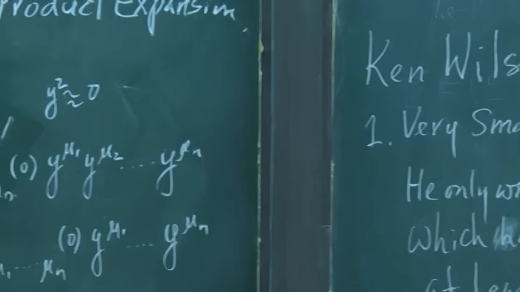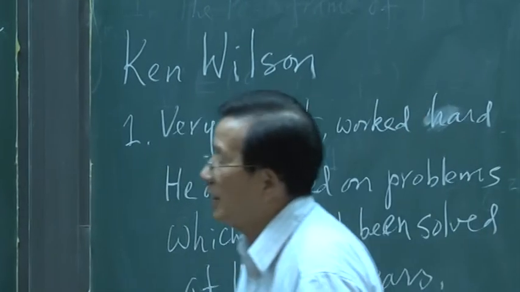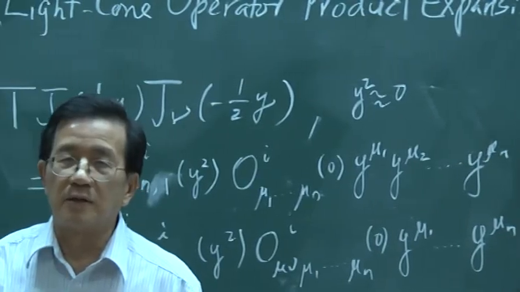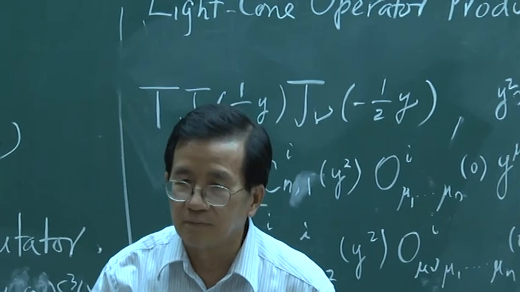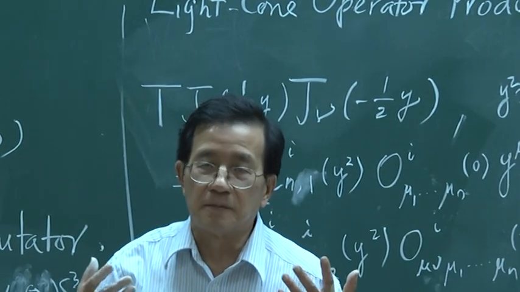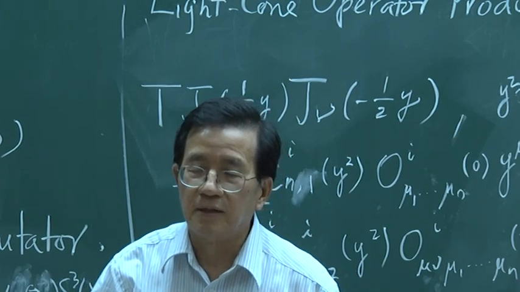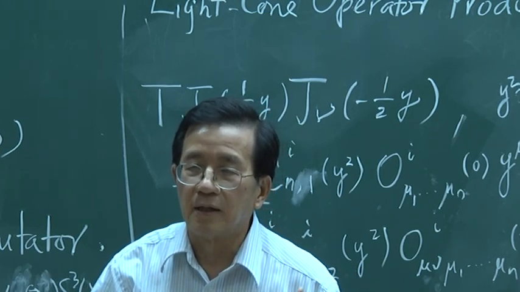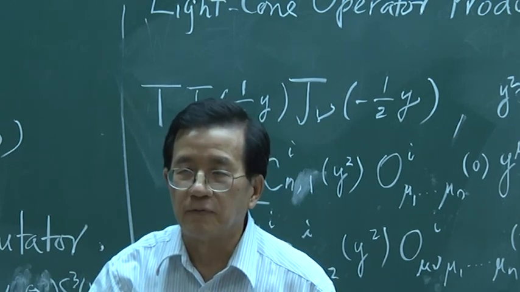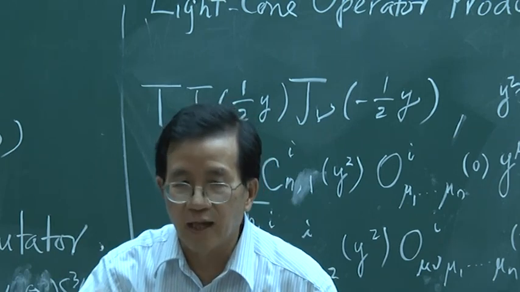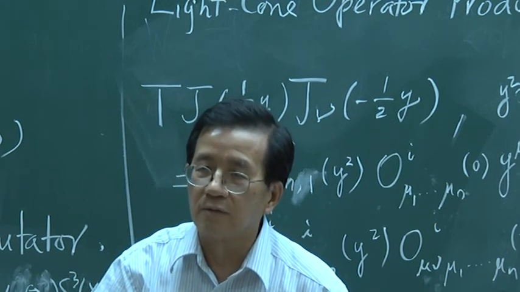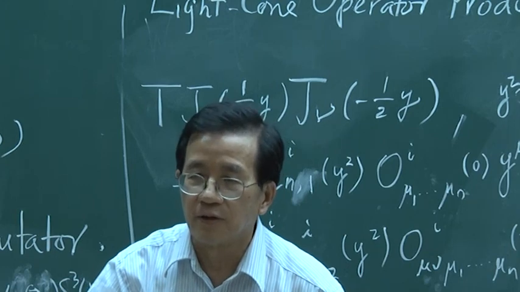The other thing is that when he got the Nobel Prize, he and his girlfriend lived together, but were not married. But you probably know there's a custom or tradition in the Nobel Prize ceremony. The physics winner's wife has the honor to dance with the king. And Ken Wilson did not want to embarrass his girlfriend.